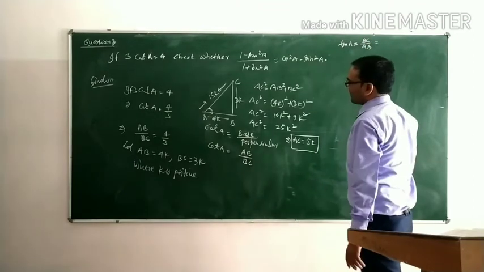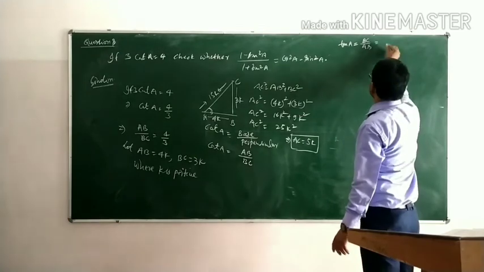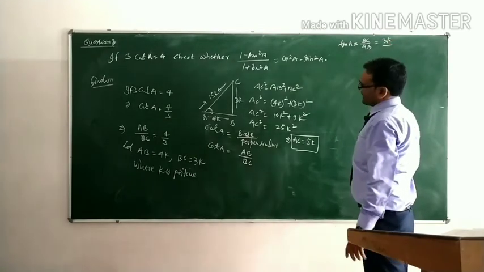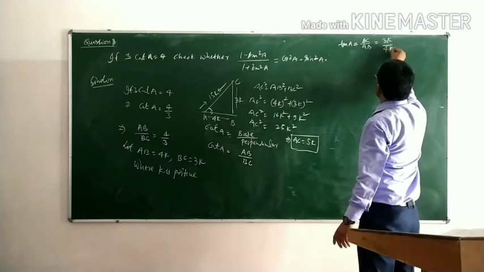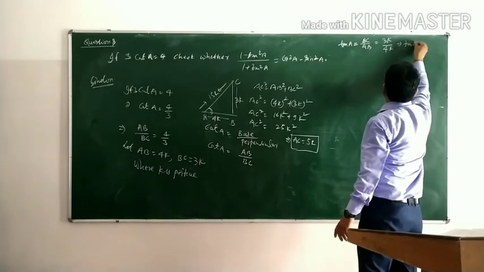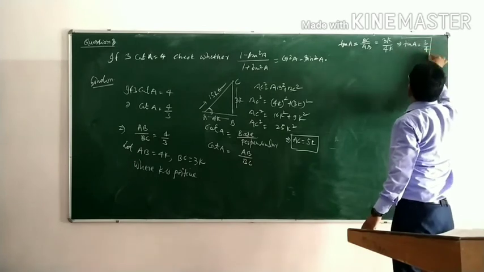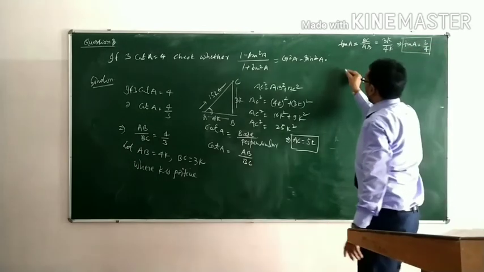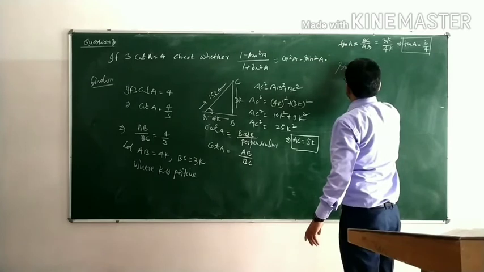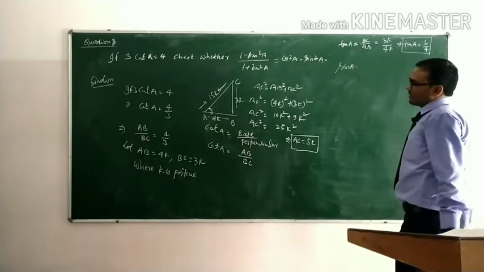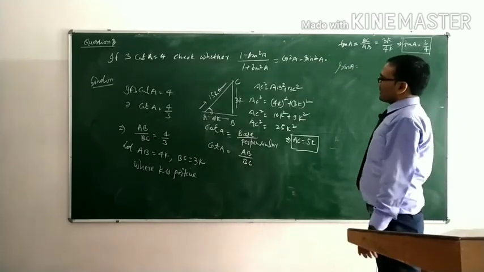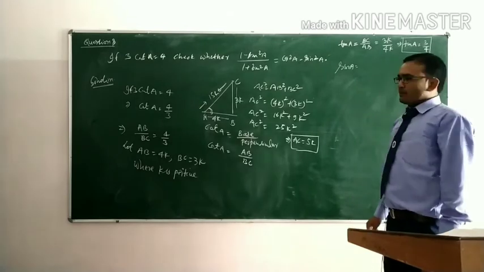The value of BC is 3K and the value of AB is 4K. This gives tan A equals 3 by 4. Again we find the value of sin A, which equals perpendicular upon hypotenuse.